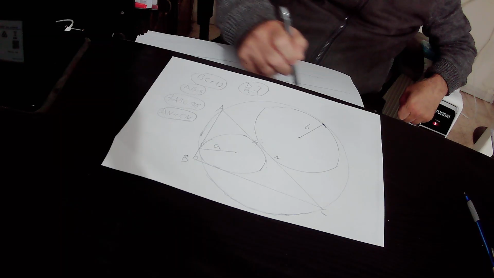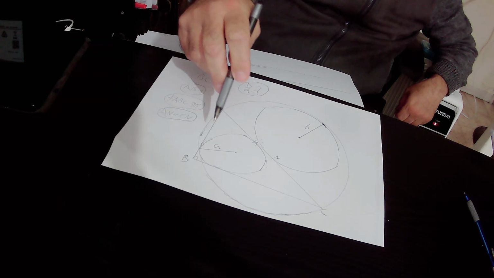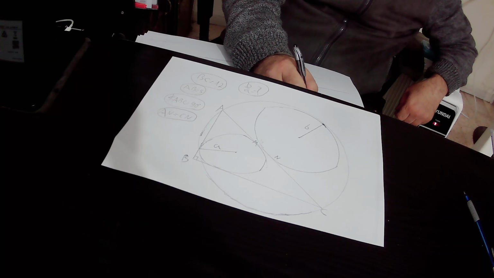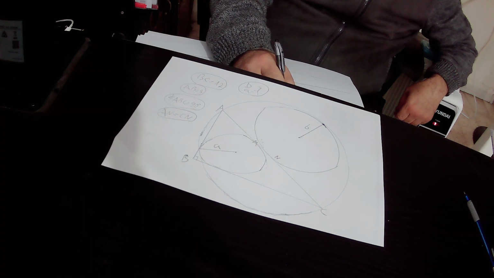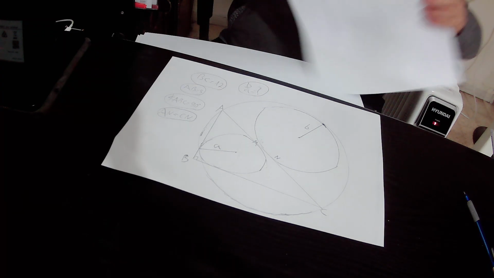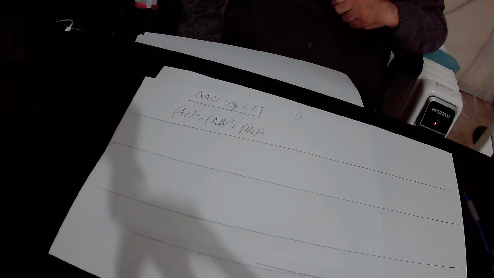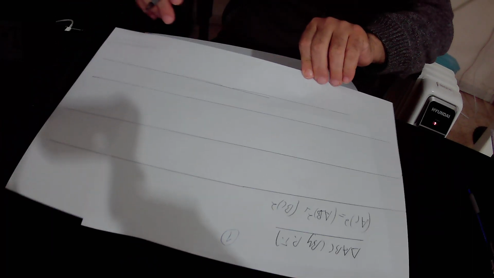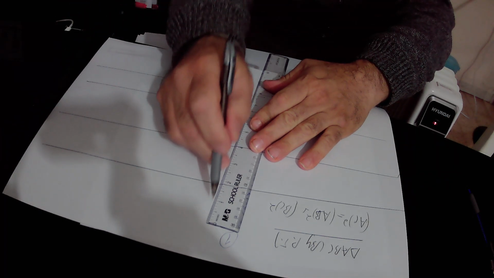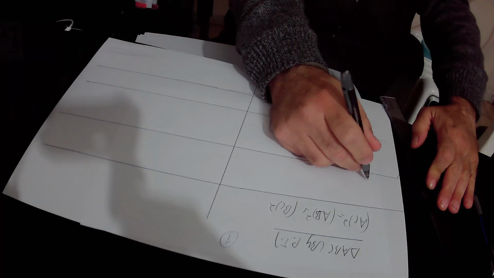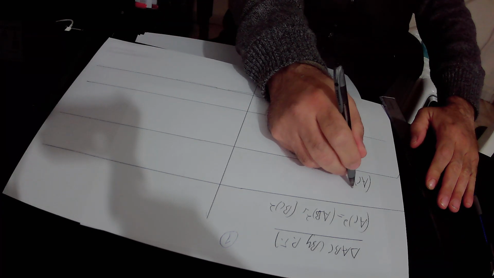and must be equal to the sum of the squares of the perpendiculars, that is to say it must be equal to AB squared plus BC squared. So AC squared, that is the square of the hypotenuse, equals AB squared.